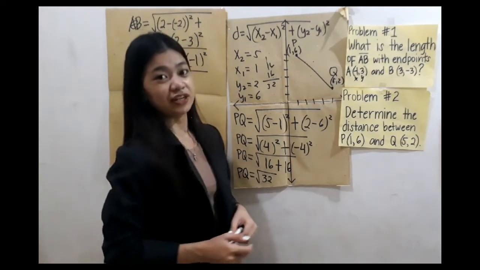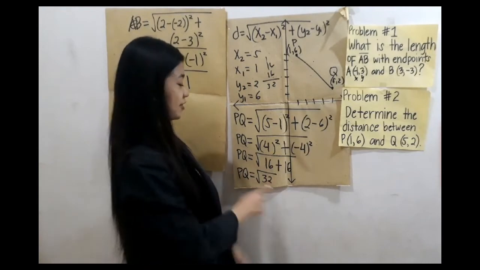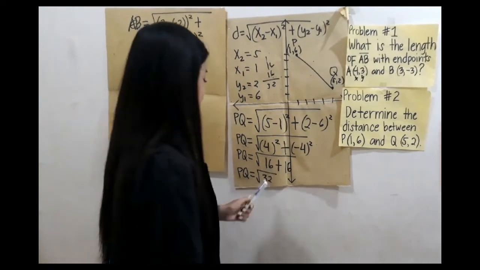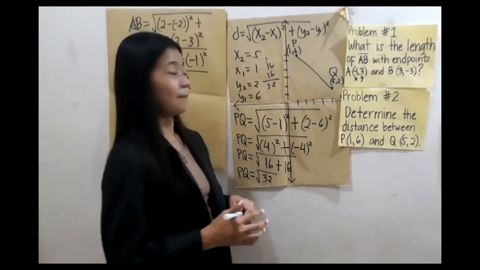Is 32 a perfect square? No. So we have to think of a number that makes it the simplest form.